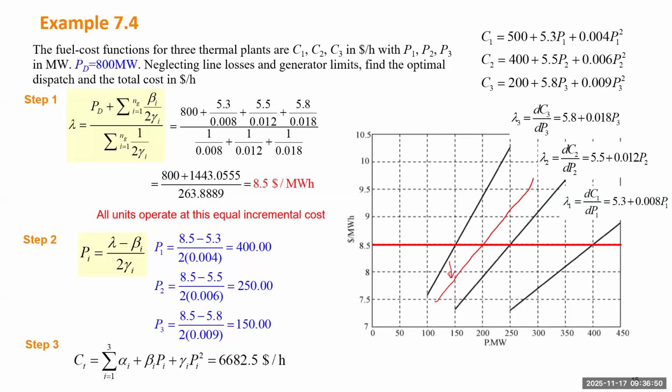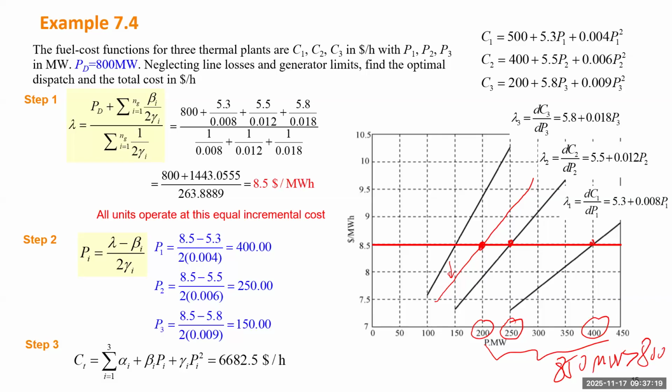If we check the intersection points now, the three together should be 800, right? If you calculate, this one is 250, this one is 400, and this one becomes 200. So the total becomes 850, bigger than 800.